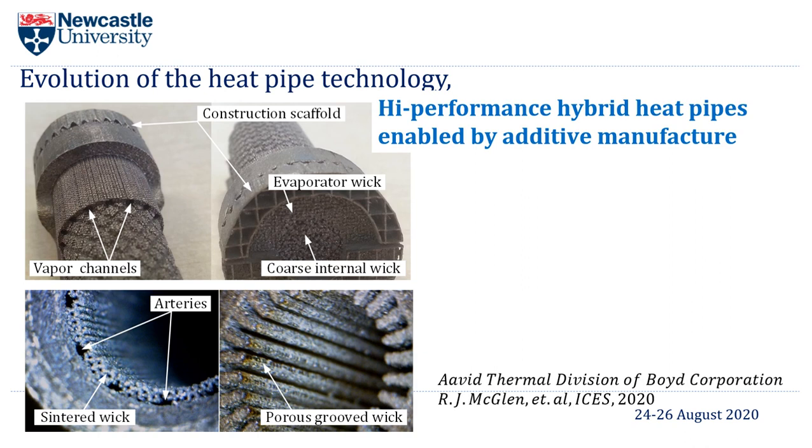While here, additive manufacturing and new materials potentially open yet unexplored avenues when it comes to construction of heat pipes. Here we have a number of examples illustrating hybrid construction of heat pipes using additive manufacturing. All of those are titanium built examples.